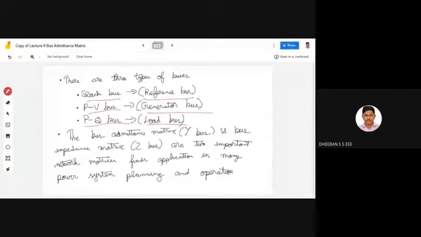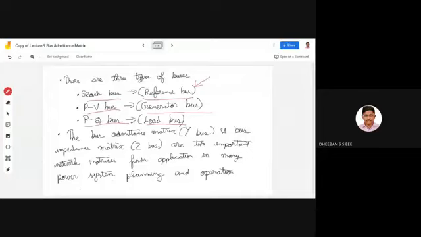That is, the power source which is connected to this slack bus or the reference bus will be taken as your reference, and its base MVA and its base kV will be taken as the common base MVA and common base kV. Generally, the slack bus refers to a reference bus.